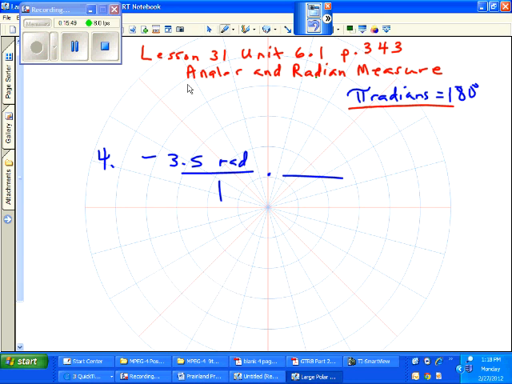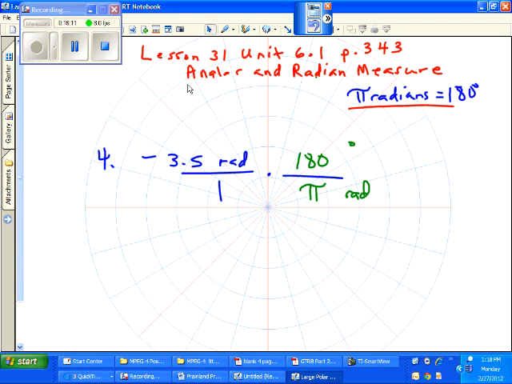Now, we need to lose the name radian and gain the name degrees. Radians was understood there. It told us it was in radians. 180 degrees is equal to pi radians. Now, we're gonna put the pi symbol, but we know that pi has a value 3.14.